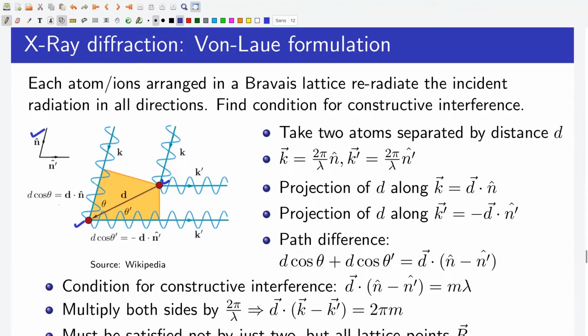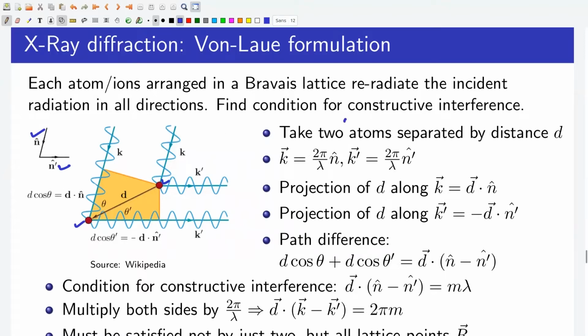Let us take one of them. Let us assume that the incoming radiation is in the direction of n hat, and the outgoing radiation is in the direction of n hat dash. These are two unit vectors in those two directions. We have to find the condition for constructive interference.